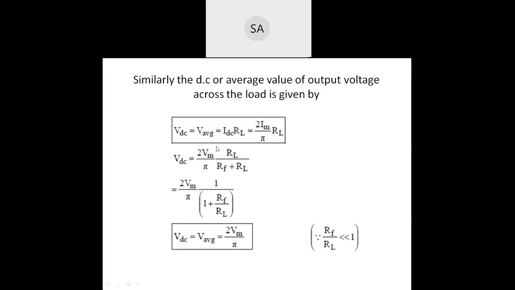So RL will be cancelled. Since the value RF by RL is much less than 1, the VDC average is equal to 2 Vm by pi. Similarly, IDC is equal to 2Im by pi and VDC is equal to 2 Vm by pi.